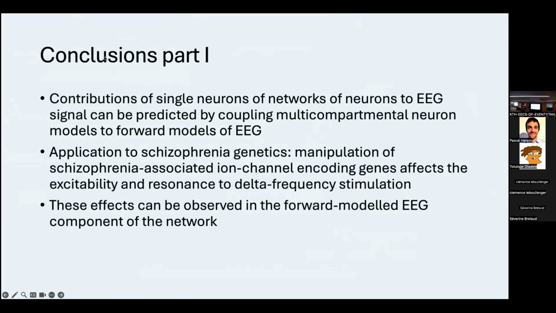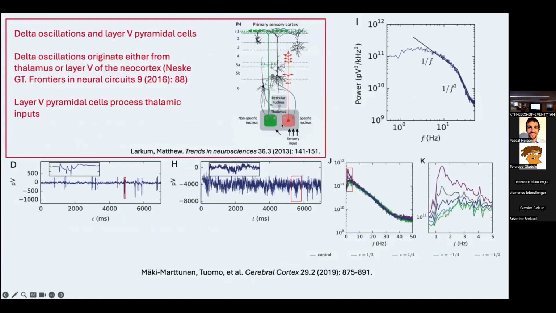As a conclusion of this first part of the talk, just to recap: we can model single neurons and networks of neurons and forward model the EEG, and if we restrict to small networks such as 150 neurons, it's not computationally too demanding.